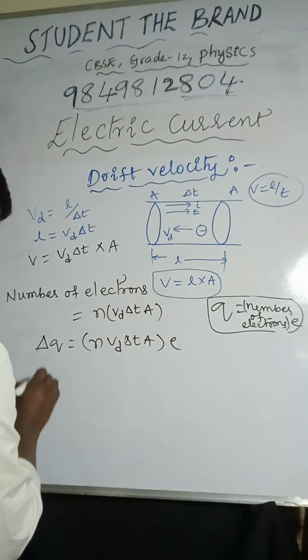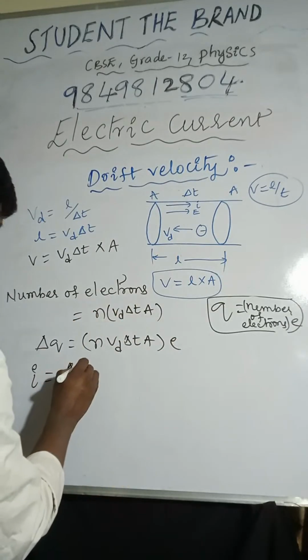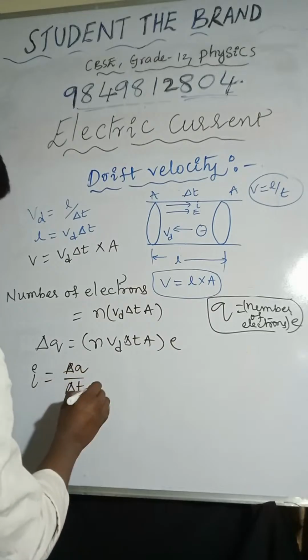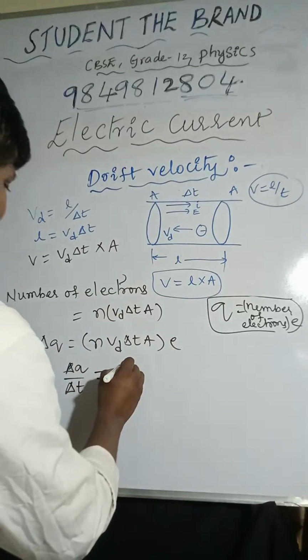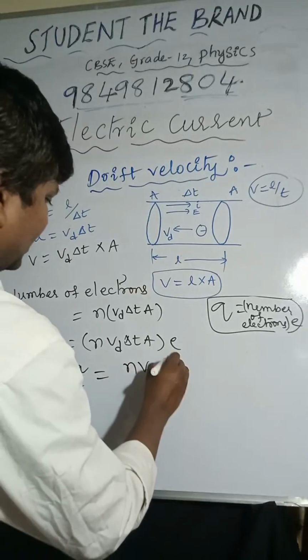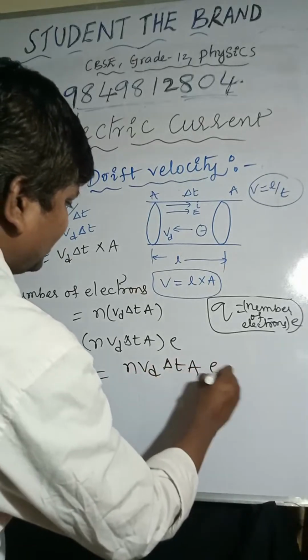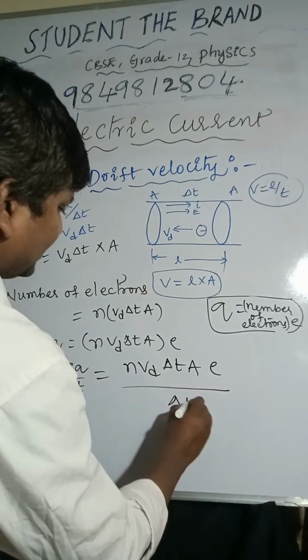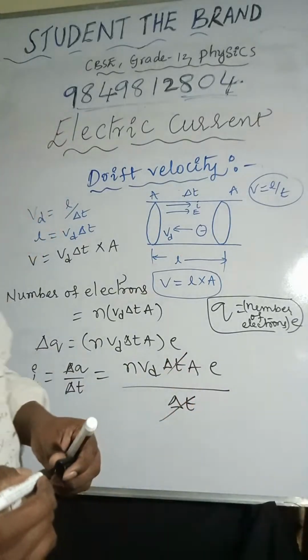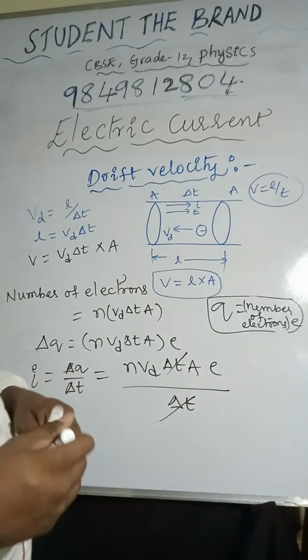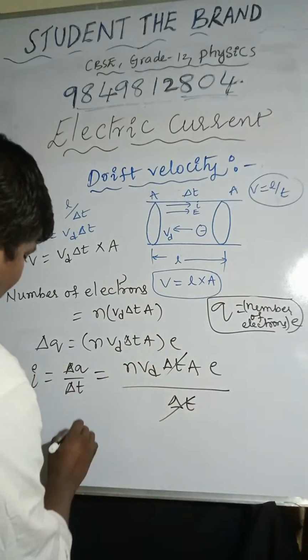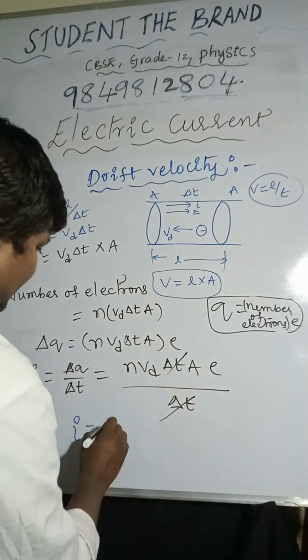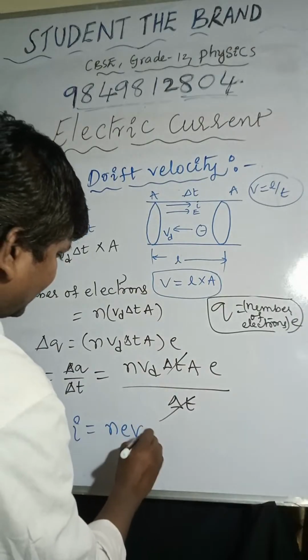Now we know current equals delta Q by delta t. So n Vd delta t A e by delta t. So delta t gets cancelled. Yes or no? Then what is the value? I equals n e Vd A.